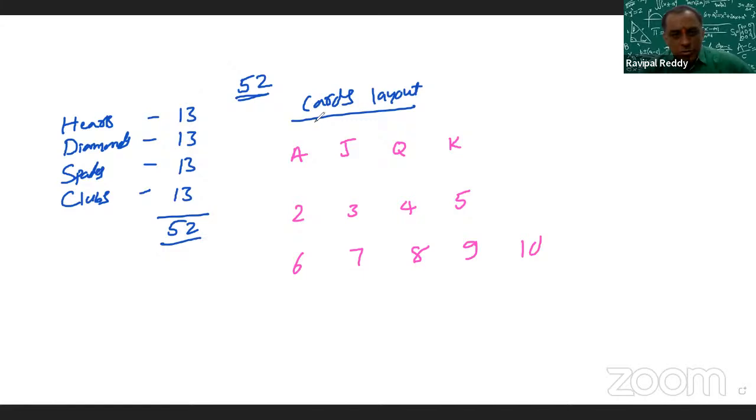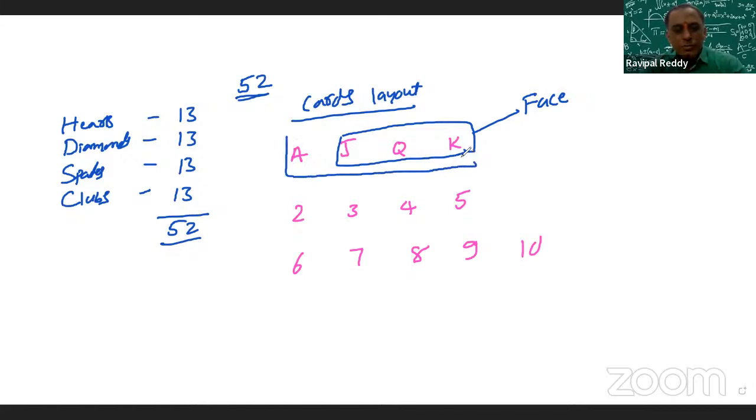These are 13 cards. Out of these 13 cards, J, Q, K, these three cards are known as face cards. Okay, and honor cards.